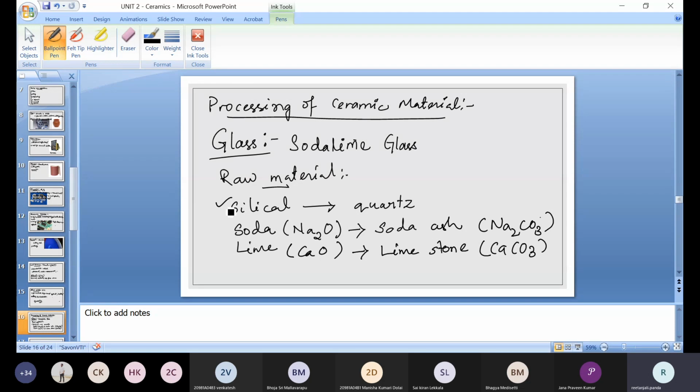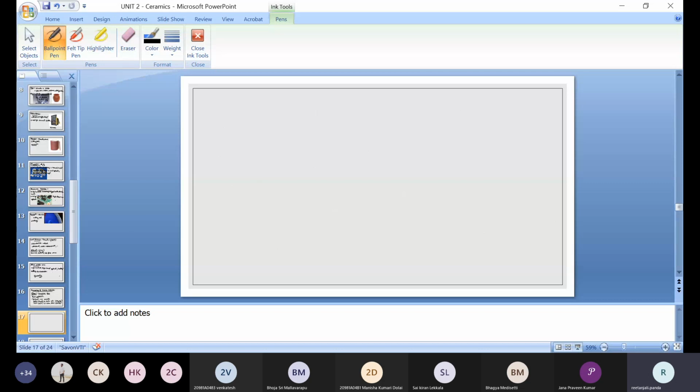So these are the three raw materials we need for making glass. What we generally do is take these three things in powder form, then melt them in the fire at high temperature, then give them shape. From that high temperature, to get all these different types of glass things which we use, we follow three procedures.